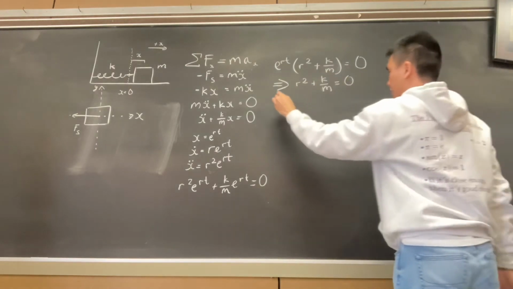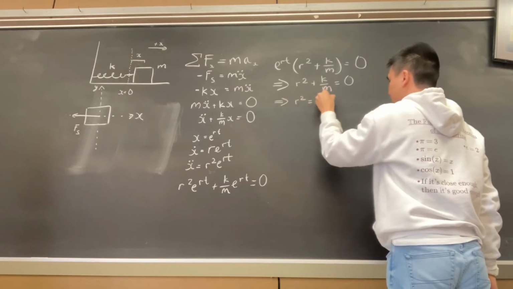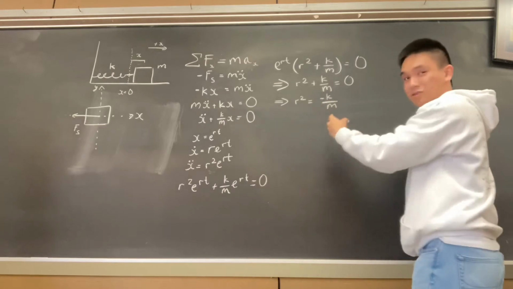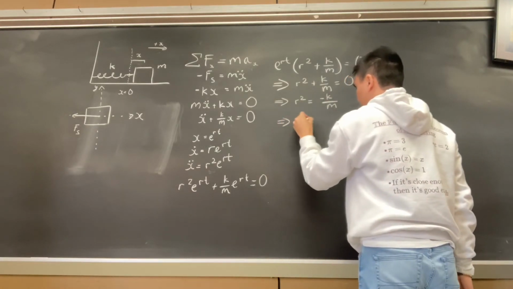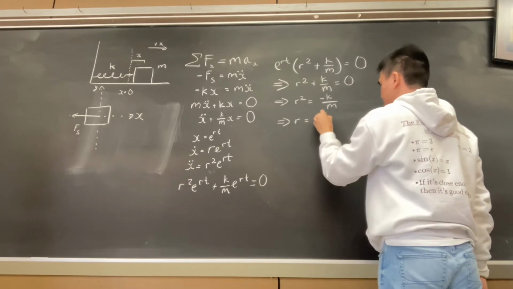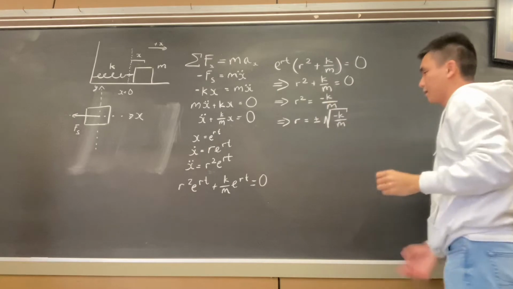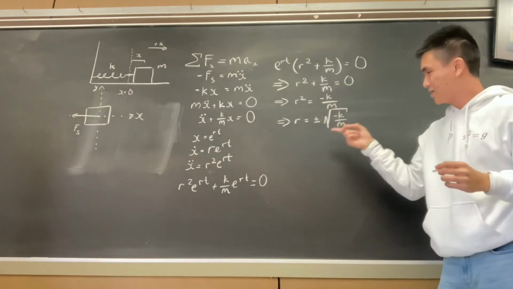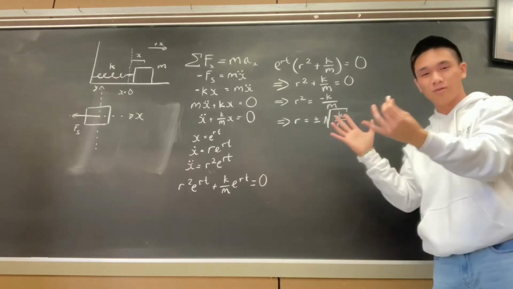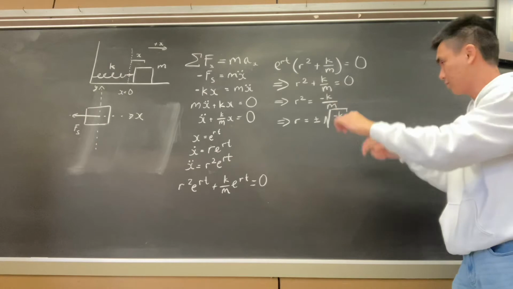And then we're going to subtract k over m on both sides. Negative k over m. Take the square root of both sides. We're going to get r equals plus or minus the square root of negative k over m. If I distribute this square root, this is really negative 1 times k over m. If you have two things multiplying underneath the square root, you can distribute the square root across both of them.